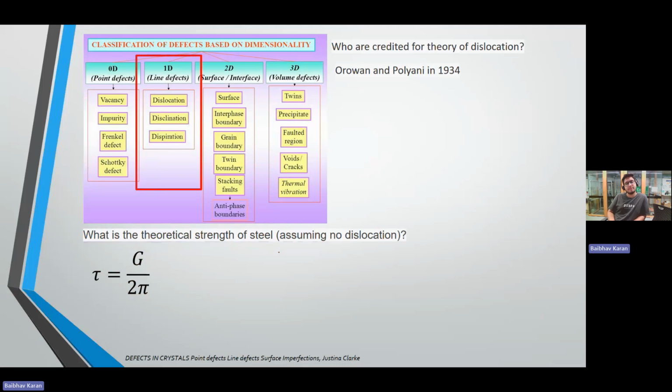For steel, it comes out to be exceptionally high, which is never observed in case of steels. Therefore, it was concluded that there are some defects in the materials, so the materials are not defect free. These defects decrease the strength of the material from the theoretical strength.